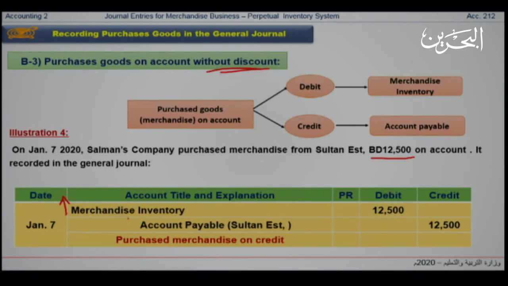So my liability also will increase. The inventory will increase and affect the debit side with 12,500, and my liability, which is the accounts payable, will increase also on the credit side with the amount of 12,500.